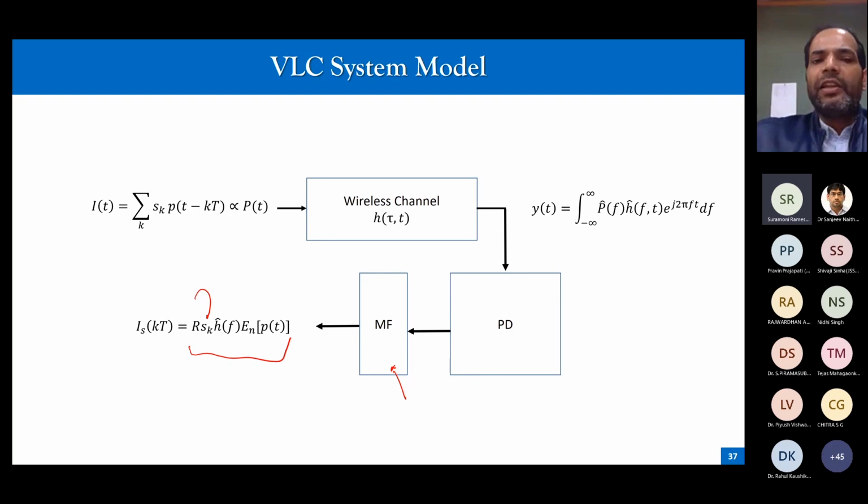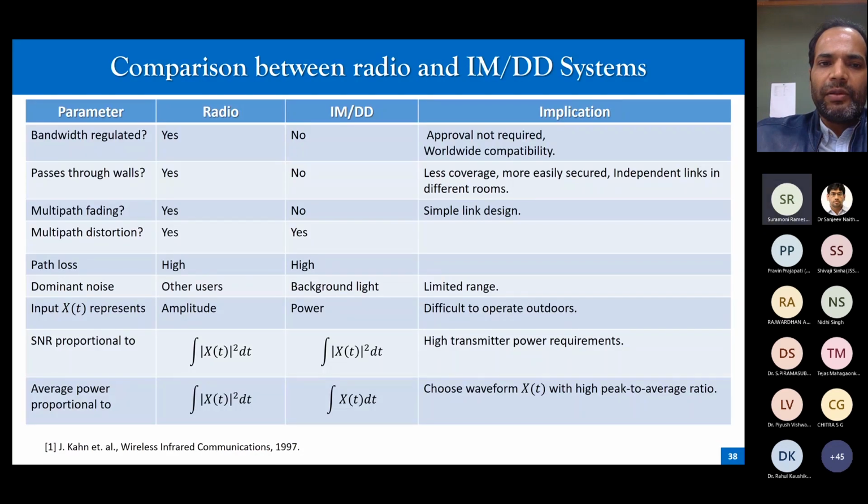The digital information that you want to transmit is in SK. So if we use this mesh filter, this wireless channel, and some mathematics, then the current coming out after the photodiode has this SK inbuilt. That means communication is possible in VLC. A bit of maths, but I think it's fine.